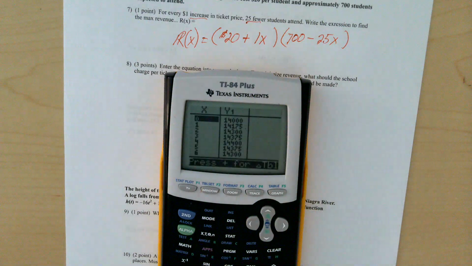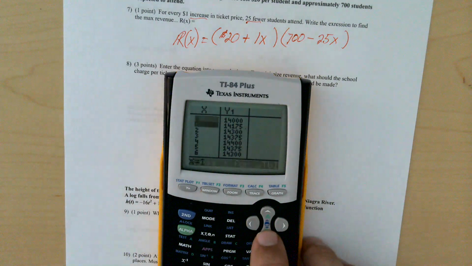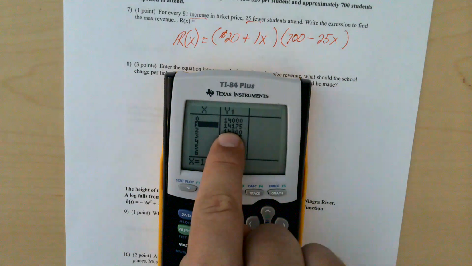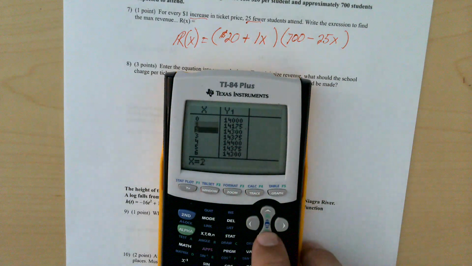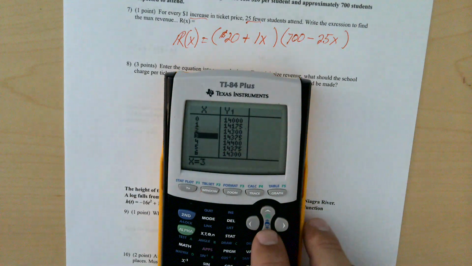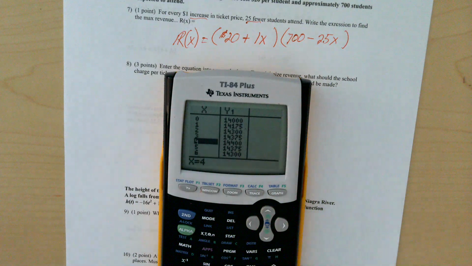So it's a simple matter of typing it into your calculator and then going to your table, second graph. If we don't change the price, our revenue is $14,000. If I increase the price by $1, it is now going up. I try $2, it goes up to 14,300. I keep going until I see the peak. When x is 4, we have 14,400.